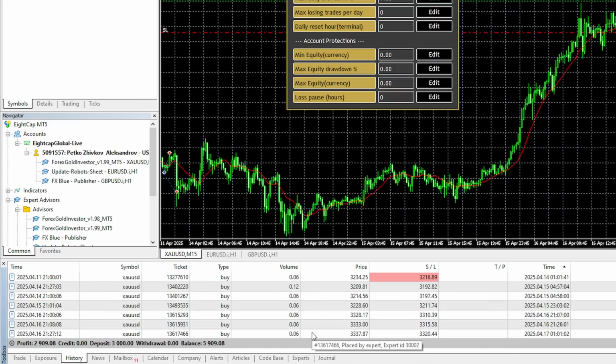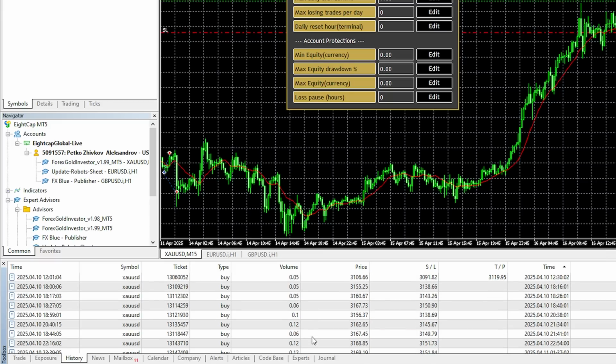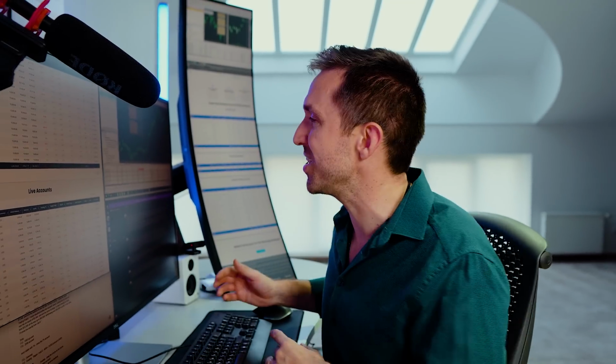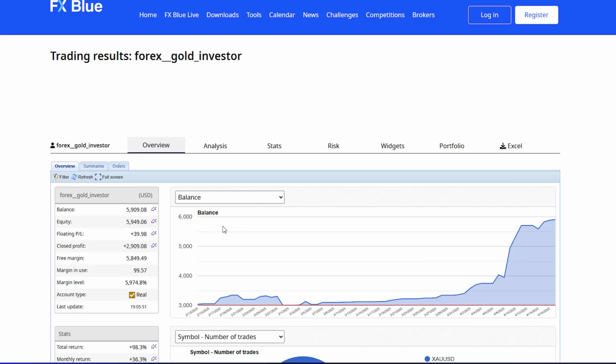And of course, as the account grows, it is increasing the risk, right? It is risking a certain percentage from the balance. So as the account nearly doubled, obviously it is increasing the entry lot. And look at the track record from this expert advisor.